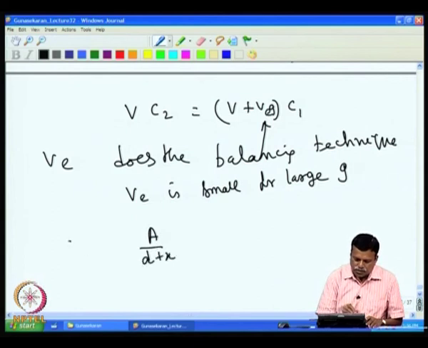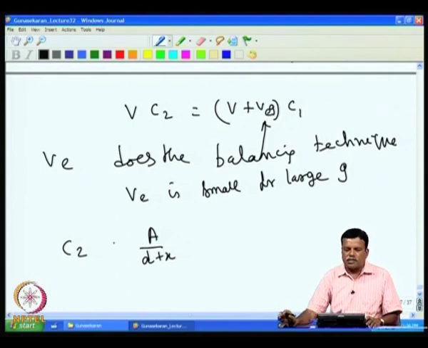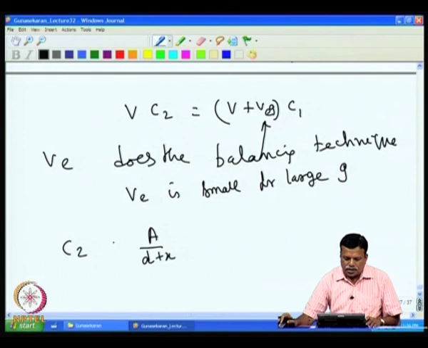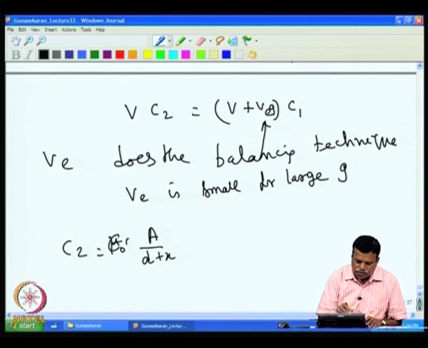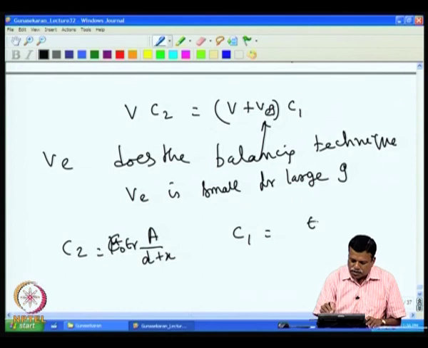For example, C2 can be written in terms of A and D. Similarly, C1 can be written in terms of A and D. C2 can be written as epsilon naught epsilon r A by D plus x, and C1 can be written as epsilon naught epsilon r A by D minus x.